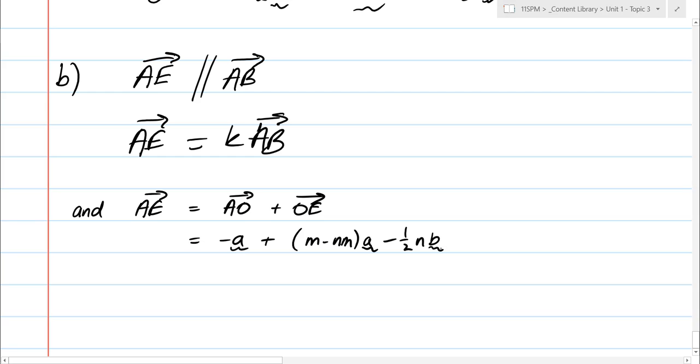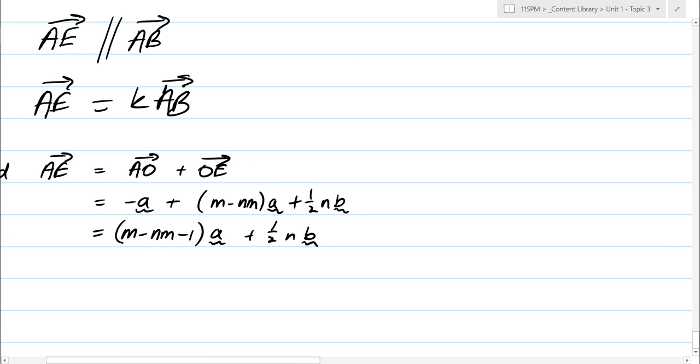Is that right? No, plus a half NB. That's right. And then I'll just factorise that A in, so I get M minus NM minus 1 A plus a half NB. That's the first one, so I'll call this number 1.